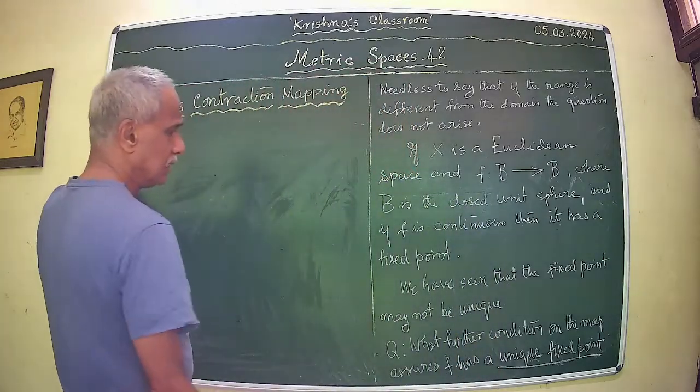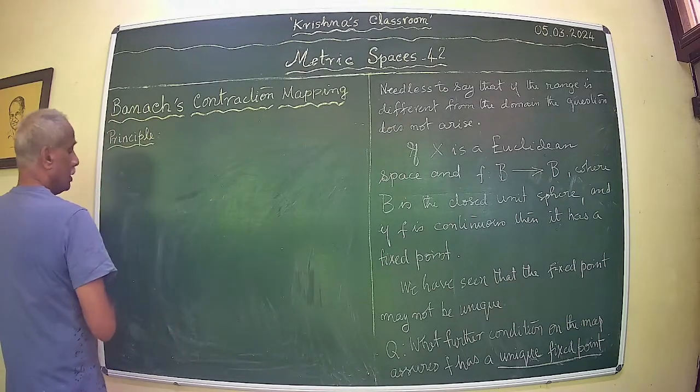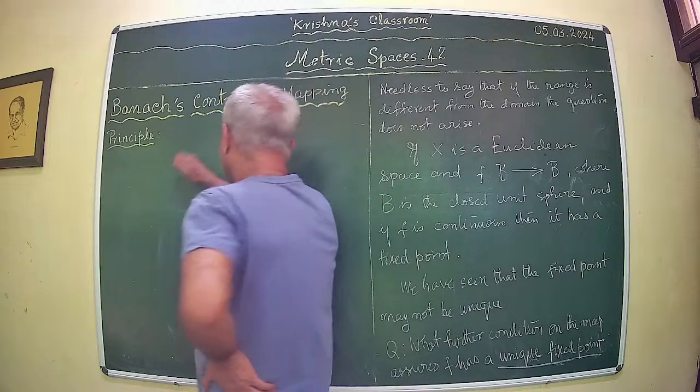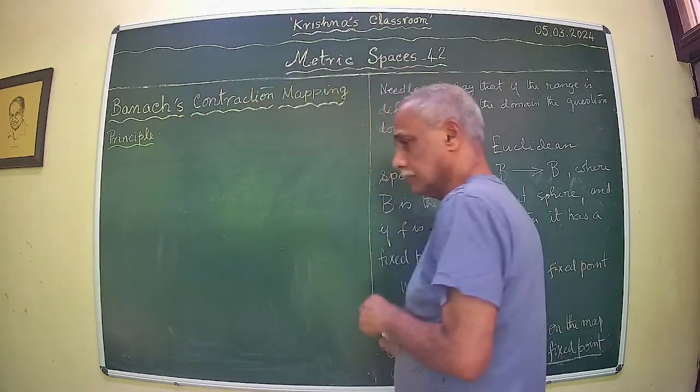Why do we talk about a unique fixed point? I'll just give an example. I am not saying anything specific about the domain.